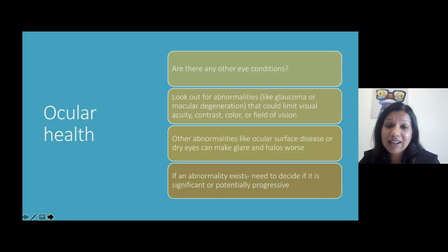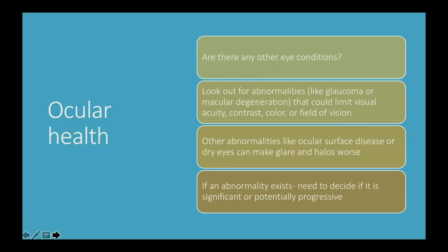If you do have really dry eyes, you want to think twice before putting in a multifocal lens because the glare and halos could actually be worse afterwards. And then if there is an abnormality, you need to decide, is it significant or is it progressive? And that'll help guide you towards which direction in terms of IOLs you want to go for.